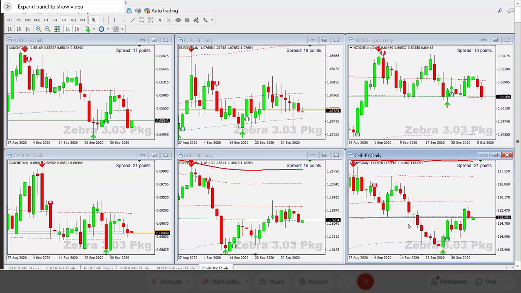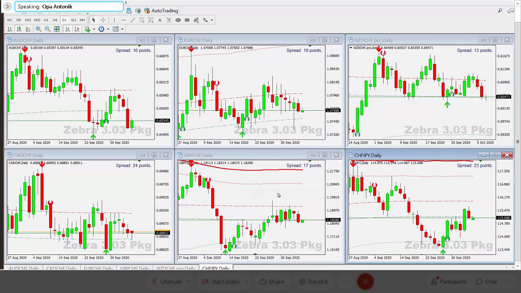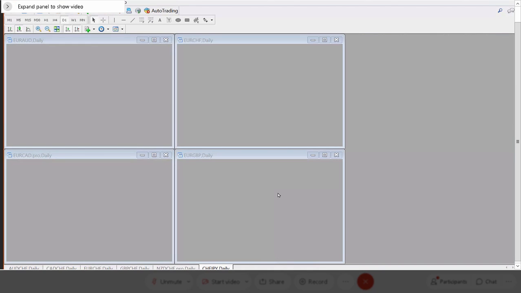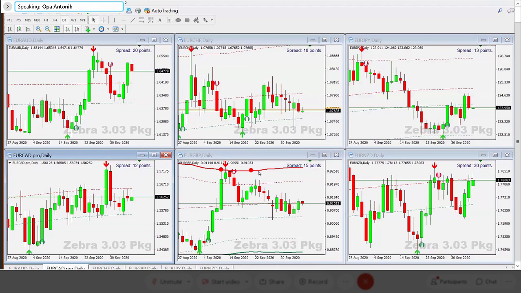Again, we're looking for price to have entered into the upper or lower band of the channel. Okay, nothing there. Let's go to the euro crosses. You can see that this doesn't take a lot of time.